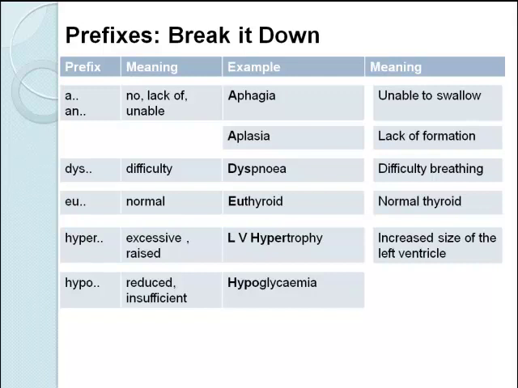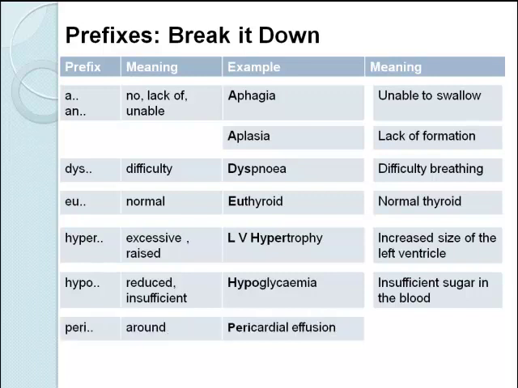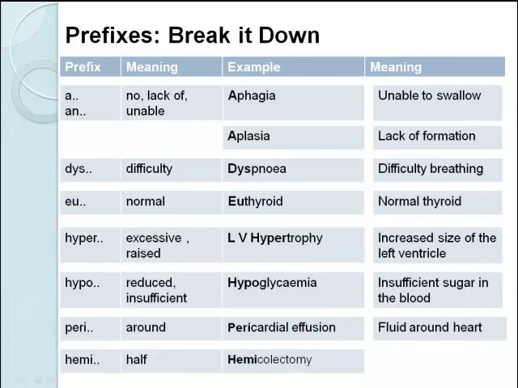Hypoglycemia, well, I'd have a blood condition of insufficient sugar, or insufficient sugar in the blood. Peri means around. Pericardial effusion. Effusion was the word meaning fluid, so here I would have fluid around the heart, in the pericardium. Hemi is half. Hemicolectomy. Removal of half of the colon.